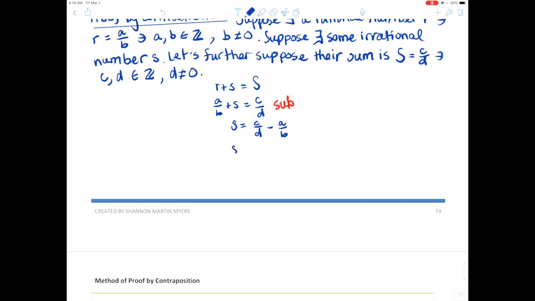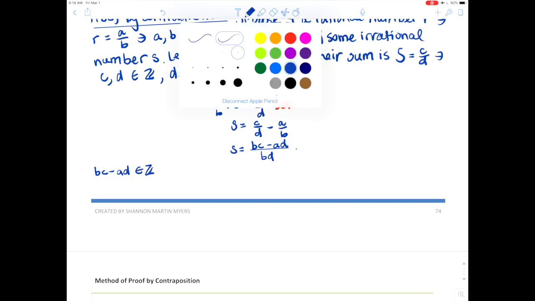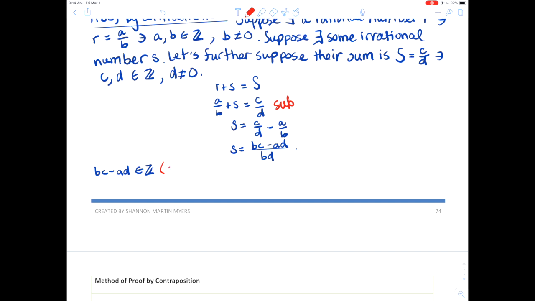And then, using a little algebra, we'll get a common denominator of B times D. And then we'll have BC minus AD. So let's check it out. The numerator, BC minus AD, belongs to the set of integers, and that is by closure.